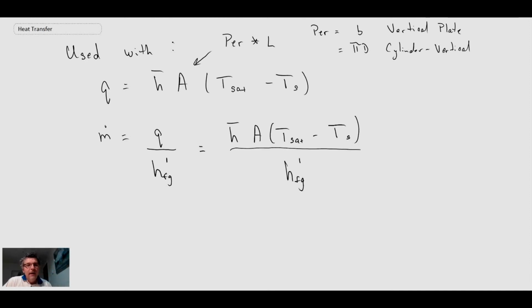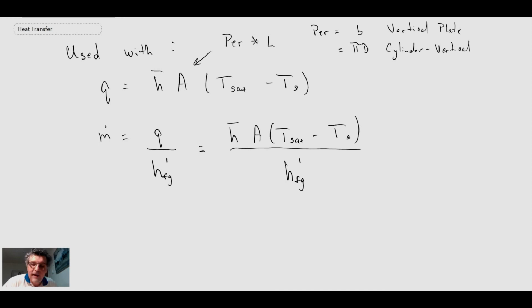Okay, so what we've done, we've looked at Nusselt's derivation. His model came up with an expression that enabled us to calculate the convective heat transfer coefficient for condensation on a vertical plate for laminar flow. Then we extended that from laminar into wavy and finally turbulent. We have different relations depending on whether or not you know the thickness of the film.